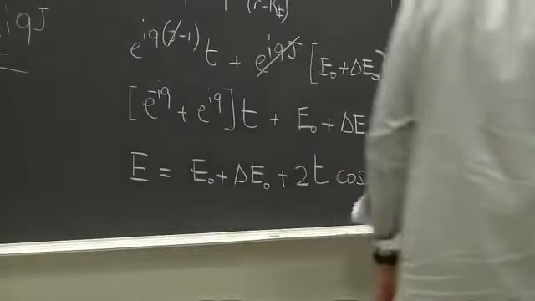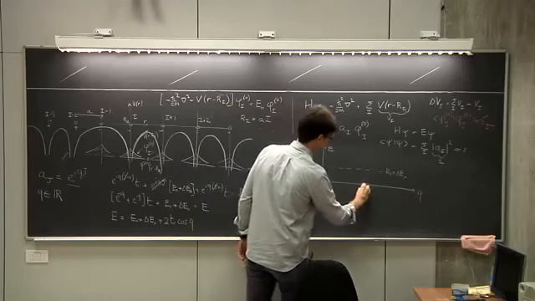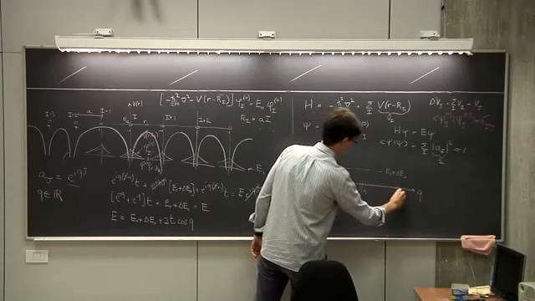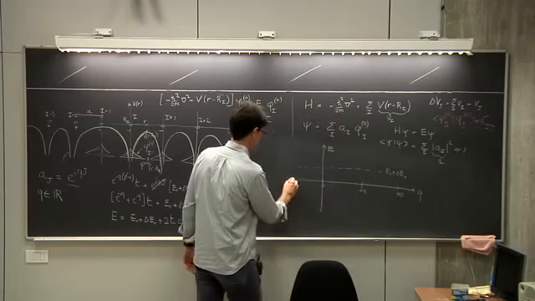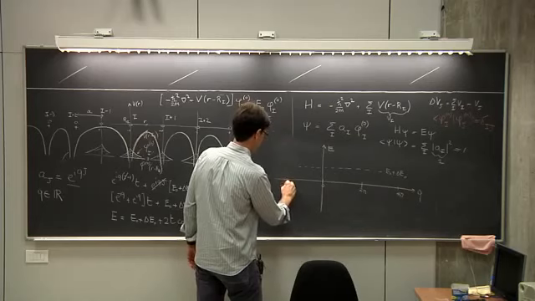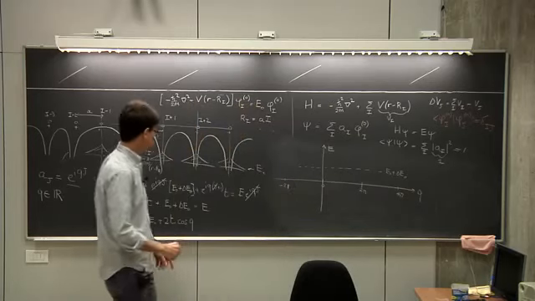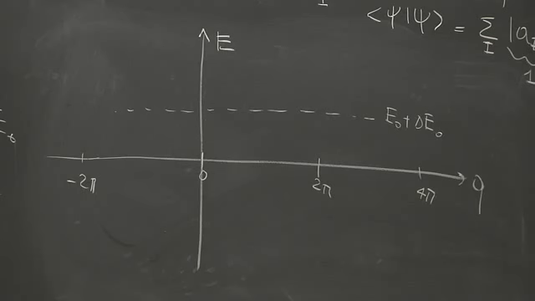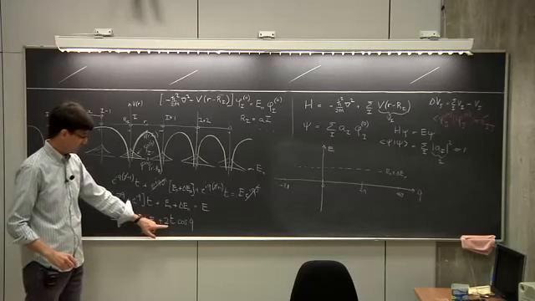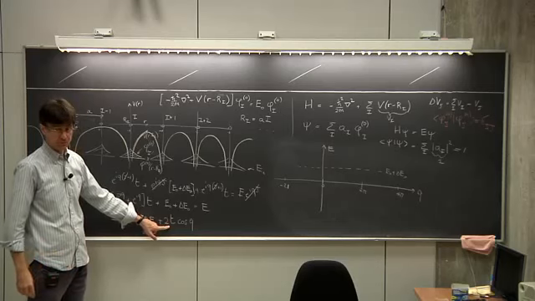So let me draw here 0. Here I will have 2 pi. Here we'll have 4 pi, minus 2 pi, and so on and so forth. Okay, let me start with q equals 0. Q equals 0, E0 plus delta E0, obviously, plus 2t.